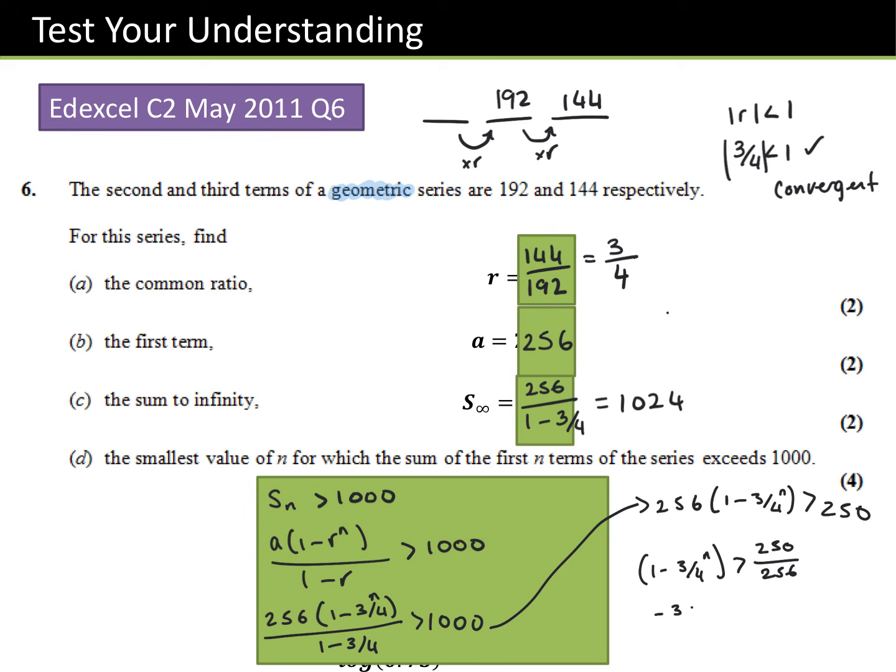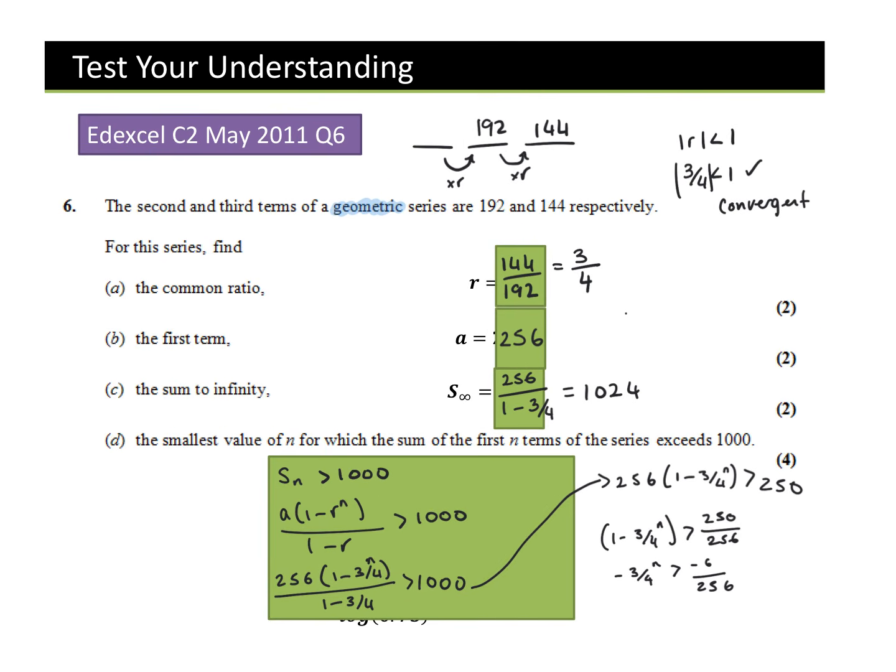So minus 3/4 to the power of n is greater than, what's 256 minus 1? Negative 6 over 256.